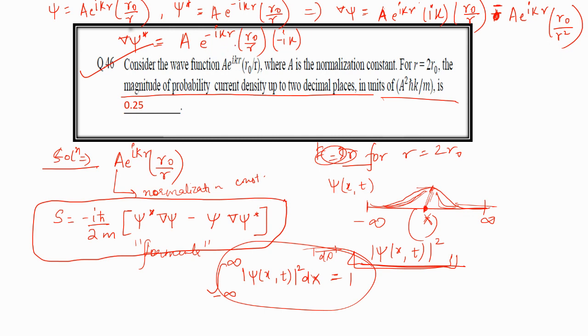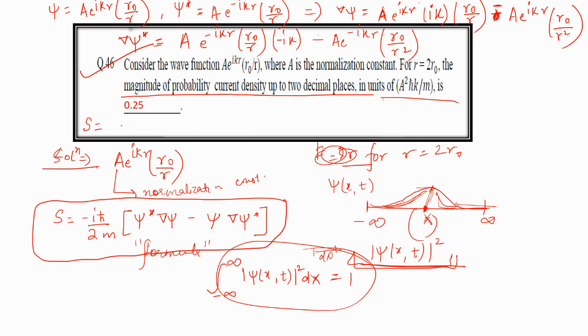A e raised to the power minus iota k r naught by r, minus iota k, plus again A e raised to the power minus iota k r naught by r square, right?